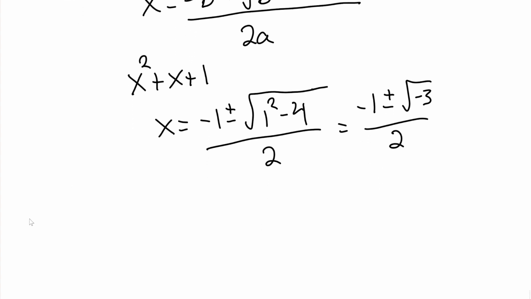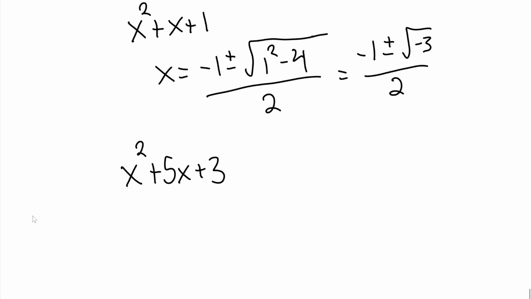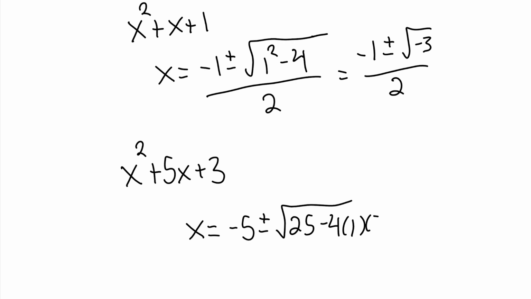Maybe something else like x squared plus 5x plus 3, for example, the one that I accidentally wrote down in one of the videos. Let's see if this one gives us an answer. x equals negative 5 plus or minus the square root of 5 squared, which is 25, minus 4 times 1 times 3, all over 2 times 1.